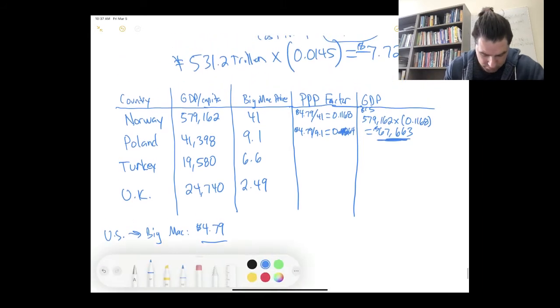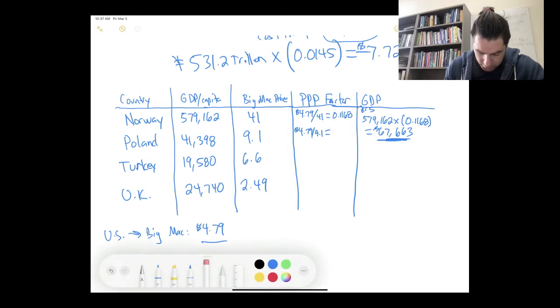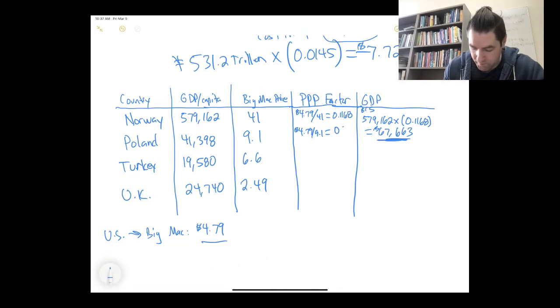Eraser's not working very well for me here. All right. So that is 0.5264.